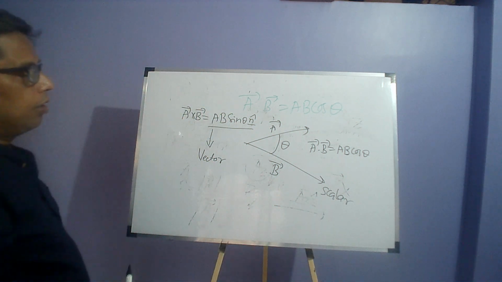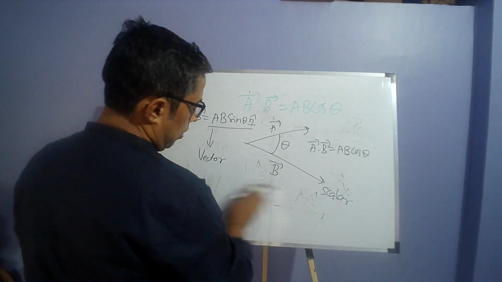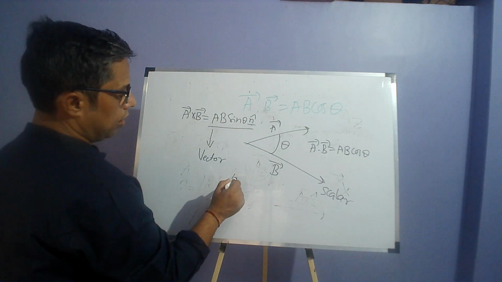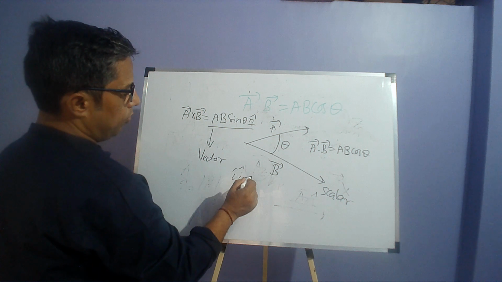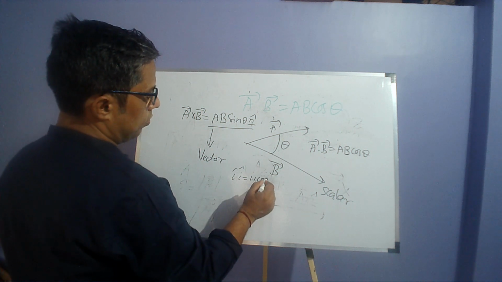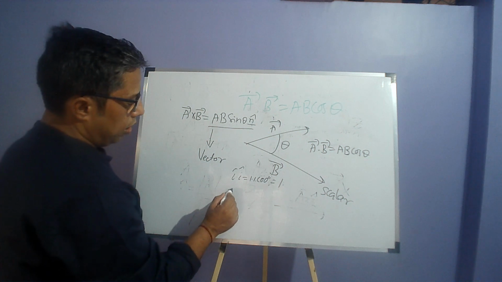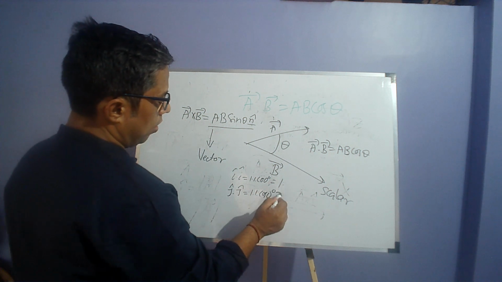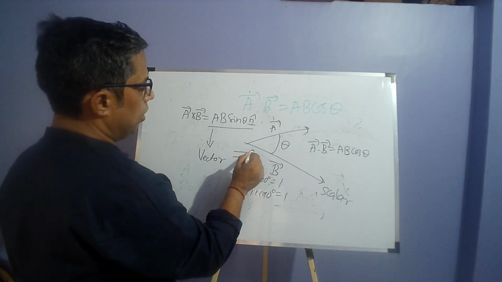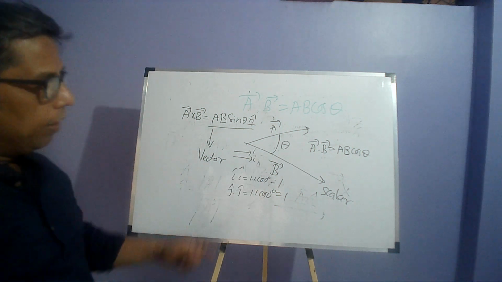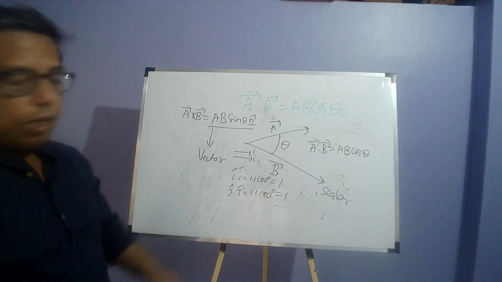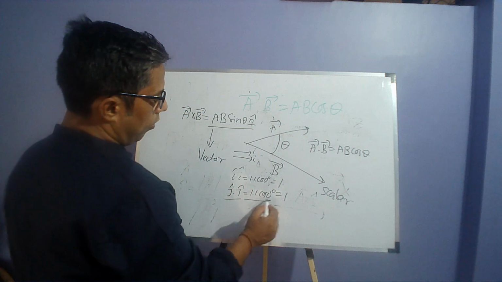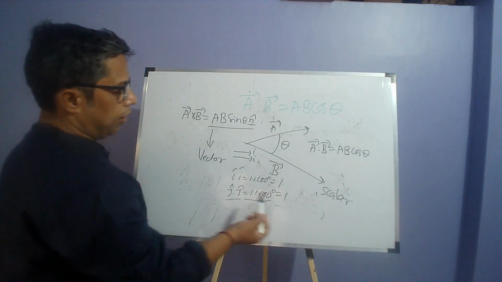Okay. Now let's calculate the unit vector multiplication. Let's take i vector dot i vector. It will be 1 into 1 into cos 0 degree, so 1. Similarly, j vector dot j vector is 1 into 1 into cos 0 degree, which is 1. These two are parallel vectors, so the dot product will be 1. They are similar vectors, right?